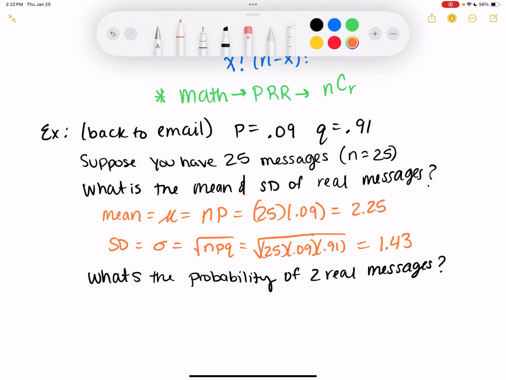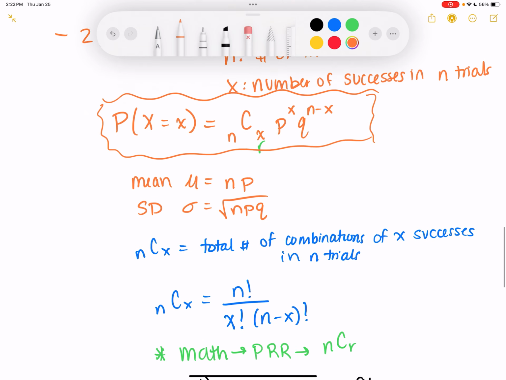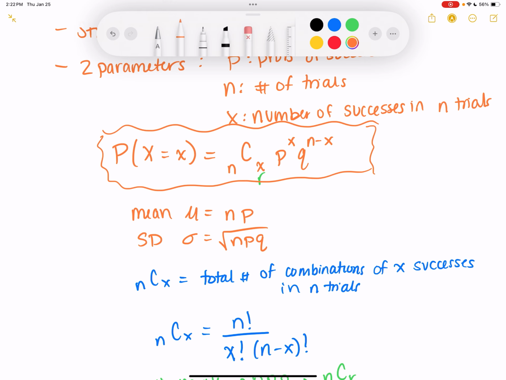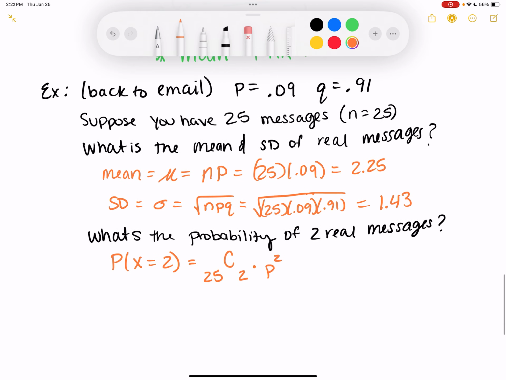So this is P of X being equal to 2. The number of trials is 25, C, we want 2 successes. And then this is going to be times p raised to the 2, because it's p to the x. And then q to the n minus x. So in this case it's going to be q to the 25 minus 2, which is 23. So q to the 23.